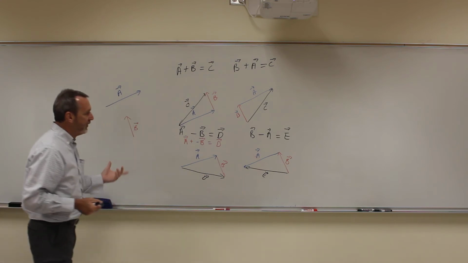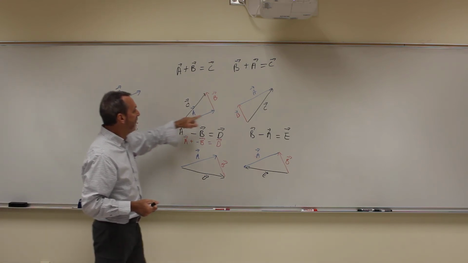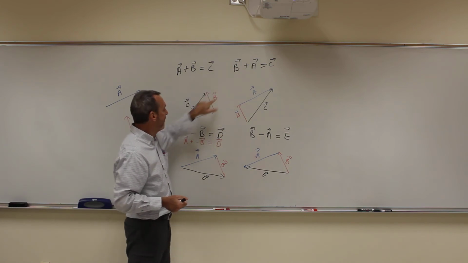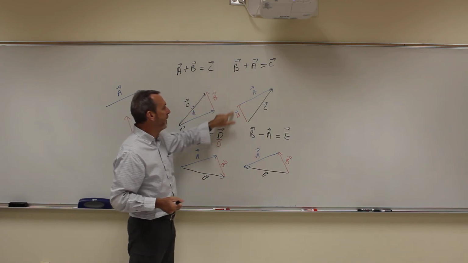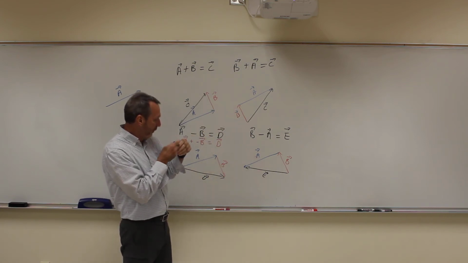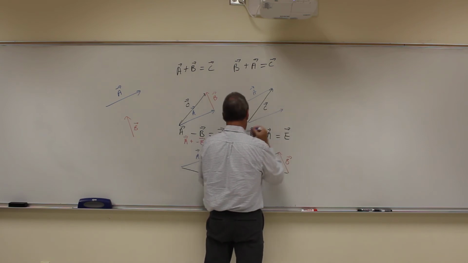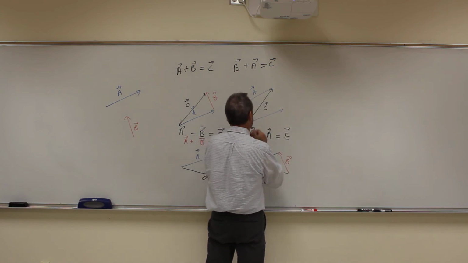Now, you can also go back up to here, talking about adding vectors. I can go A plus B is equal to C, or B plus A is equal to C. So technically, I can do the whole thing as a parallelogram. So I could put vector A here and vector B here.